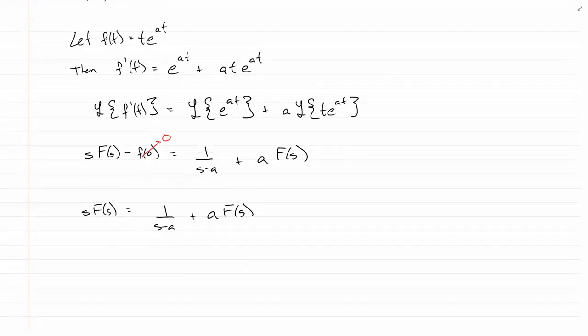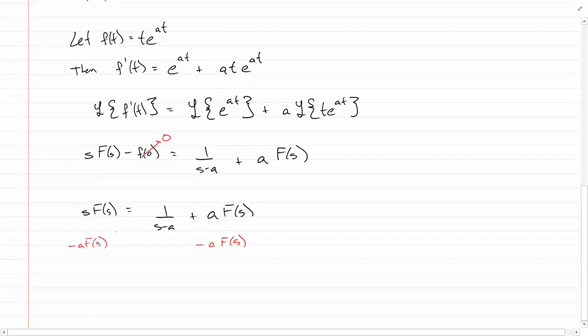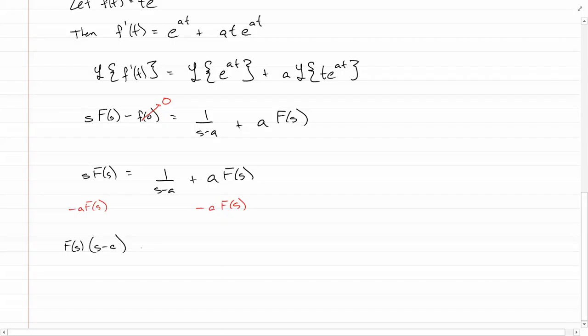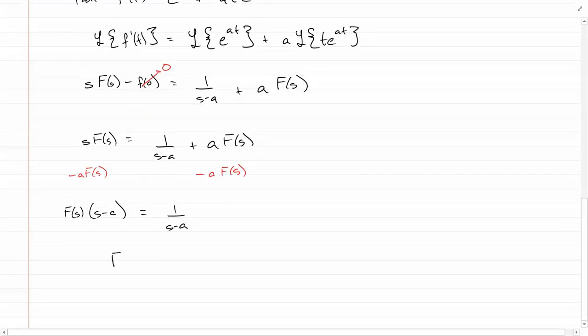I'm trying to solve for capital F of s, so let me just subtract this term from both sides. So you'd have capital F of s times s minus a is equal to 1 over s minus a. So capital F of s would be, if I divided both sides by s minus a, 1 over s minus a squared.